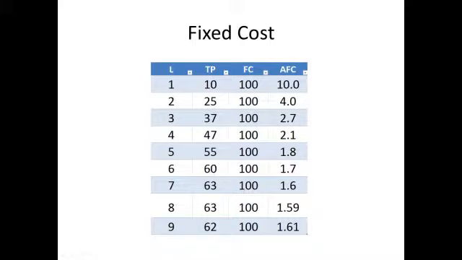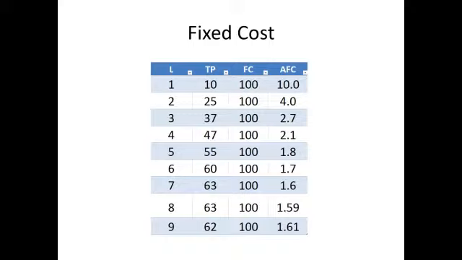Let's make the link between productivity and costs. Okay, we've talked about fixed costs. They are by definition fixed irrespective of the level of output. So in particular, we're talking about rent. So for our little example, imagine that we've hired a room and it's costing us $100 a month or $100 a week.